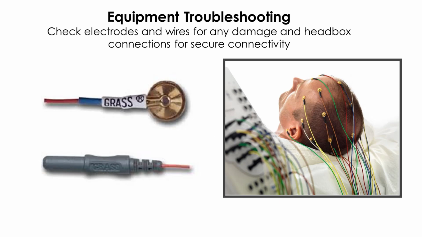Also, you want to make sure that your connector to your head box is secure and also that your reference and your ground electrodes have secure placement. And if those have high impedances, you want to make sure to assess those first. If those are intact and you are still having issues, you may want to ask another experienced technologist for some more advanced troubleshooting measures to improve your impedances and to make sure that your equipment is working properly.